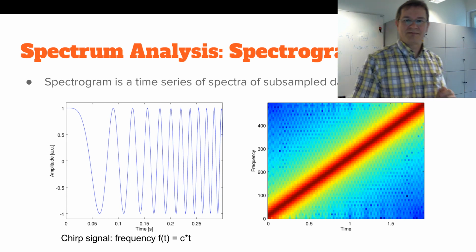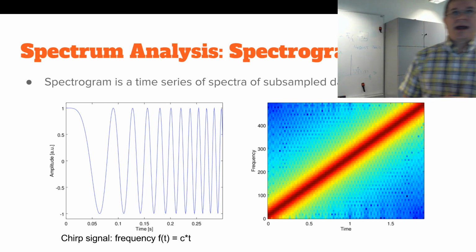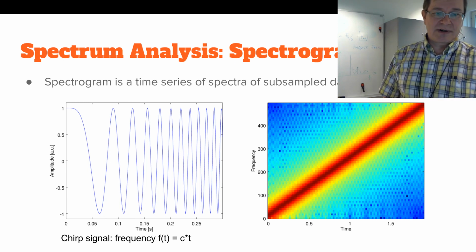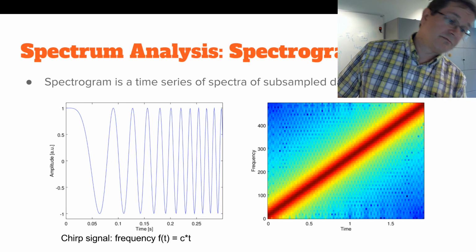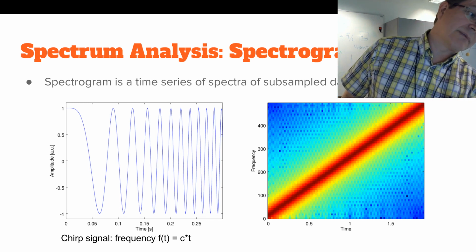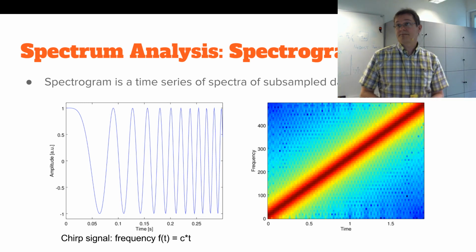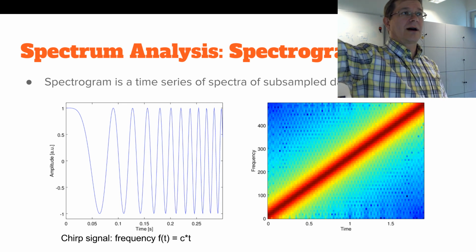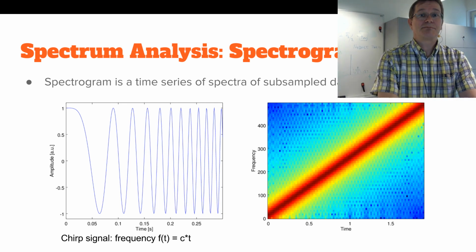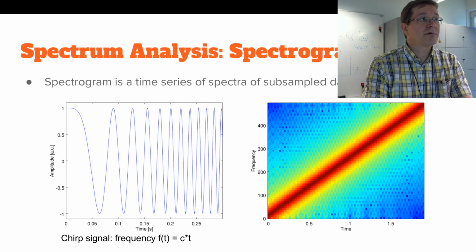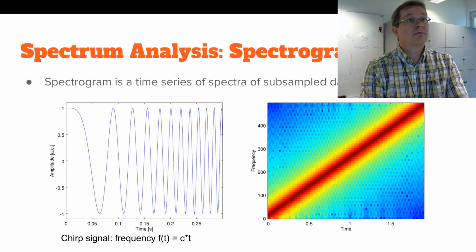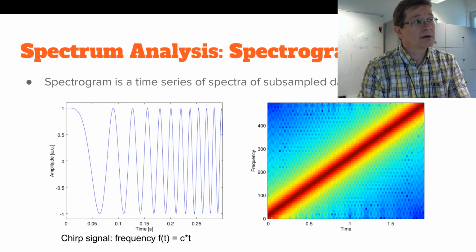That means you start with some frequency. Here I started with 0 and ended somewhere else, maybe 500 hertz. On the right-hand side, that colored picture is the spectrogram, meaning it shows graphically how frequencies vary by time.